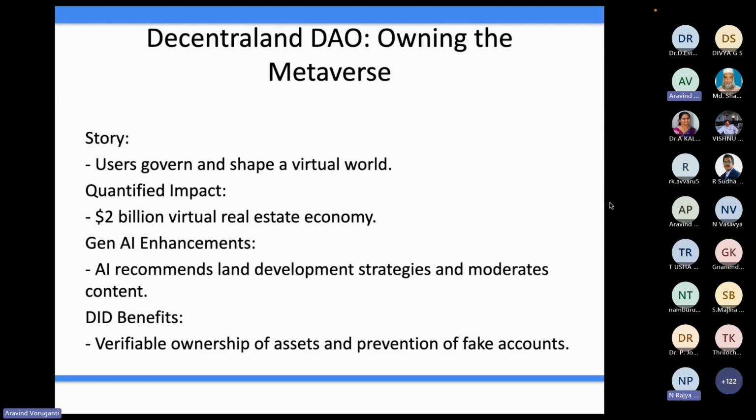And the beauty is the pricing of that virtual real estate is managed by users. So users govern and shape that virtual world. Say some affluent, influential people bought some land parcels in a particular area. Then all the users in the community will start buying certain things in that area, and some governance is taken care of.